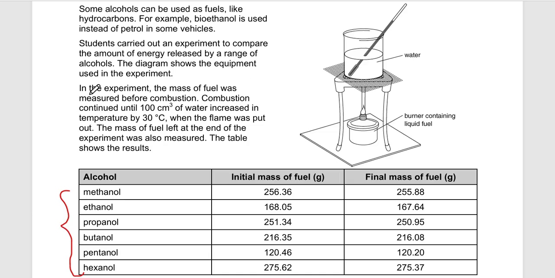Okay, now in this experiment the mass of fuel was measured before combustion. So for each type of alcohol, they have taken the initial mass of fuel before combustion, right?